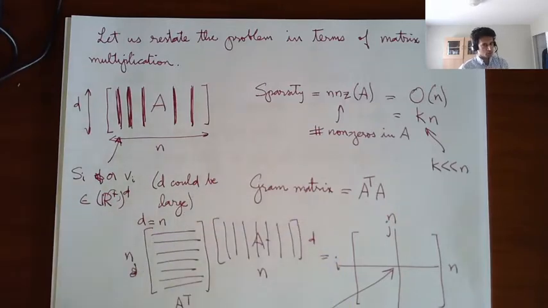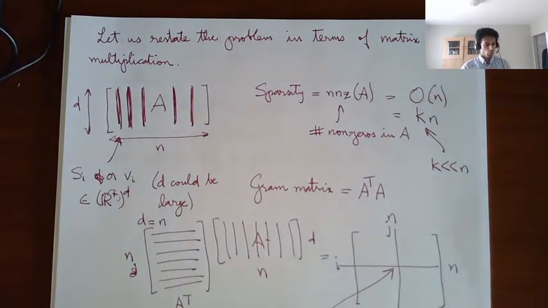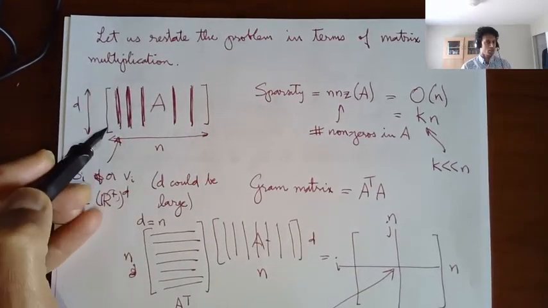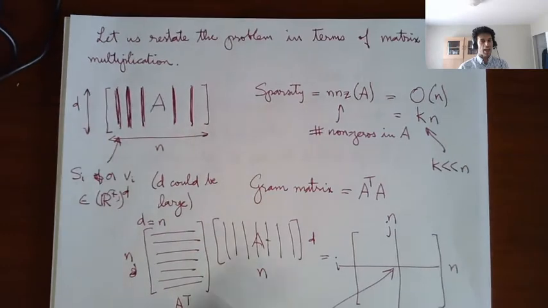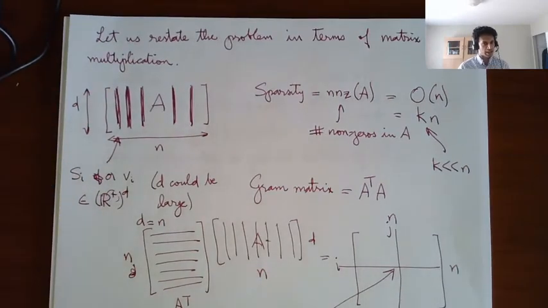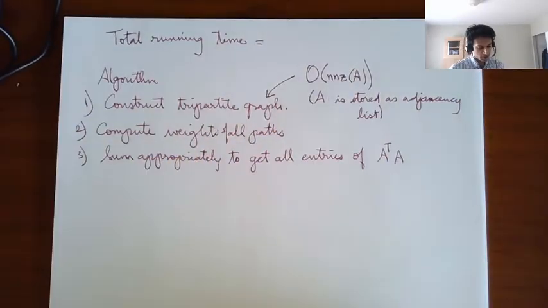If the graph was dense, there would be no hope of storing these graphs. They're typically sparse, which means that you can store this in nnz(A) storage rather than n times d storage. Does this make sense? And so you can construct the tripartite graph in time nnz(A).